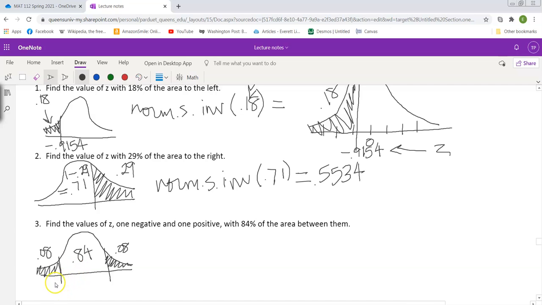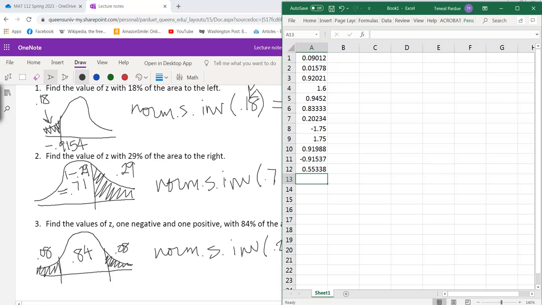So the easiest thing to do is to find this lower one. NORM.S.INV 0.08. That gives us negative 1.4051.